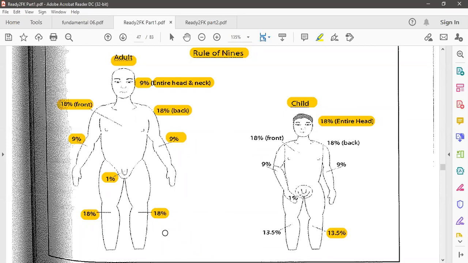In adults, it is 18%. In children, it is 13.5%. Perineum is 1% in both cases. Upper extremity left 9%, right 9%, together 18%. Torso or anterior part of the body 18, posterior part of the body 18%.